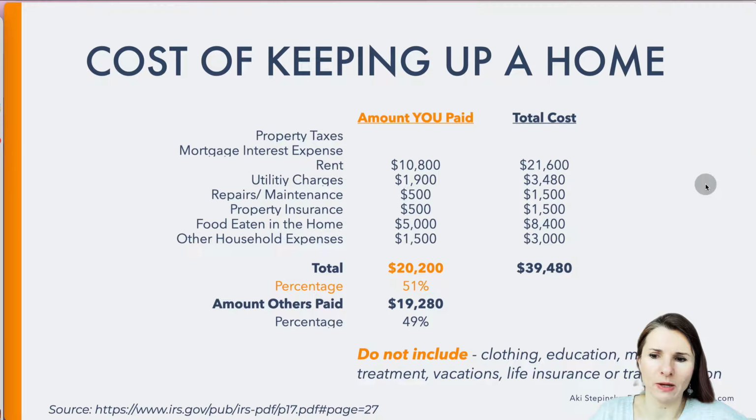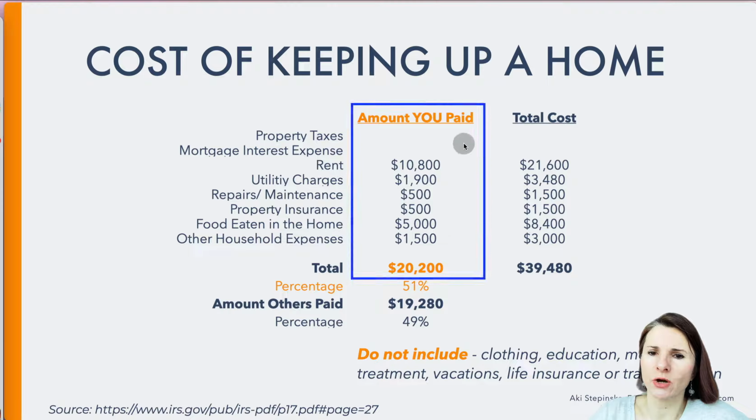But this is an example from this publication to kind of show you what happens. Let's say you're living with someone else and you want to claim head of household, what kind of calculation would you have to do to determine if you paid more than half of the cost of keeping up a home? So things that you would consider are property taxes, mortgage interest expenses, rent if you don't own a home, utility charges, repairs and maintenance for the household, property insurance, food eaten in the home, specifically not outside, and other household expenses.